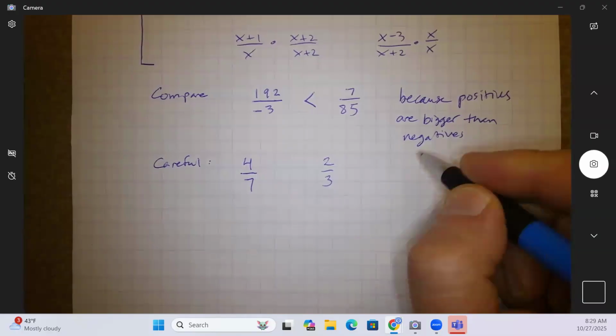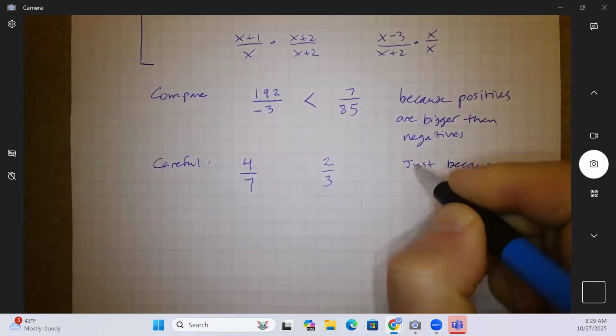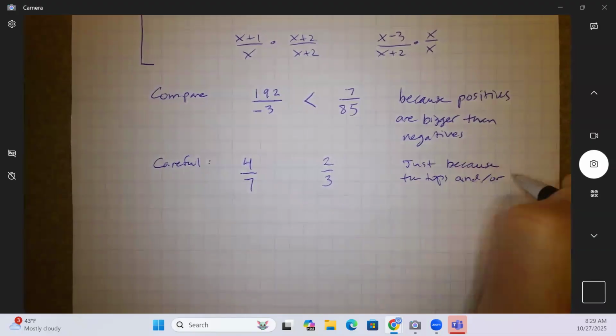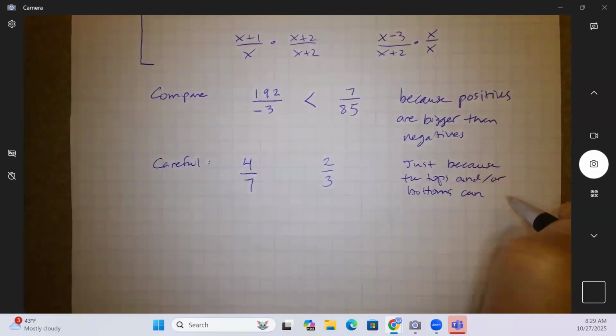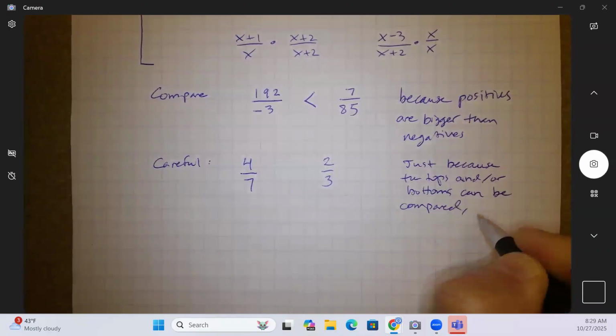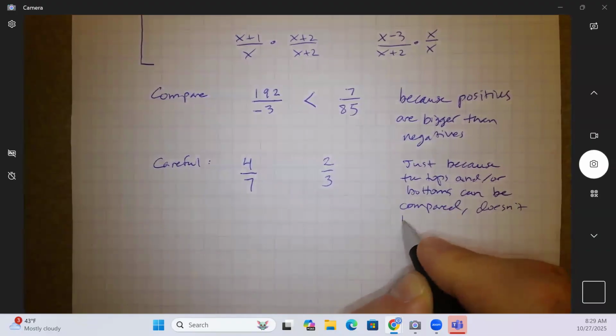Right? Just because the tops and or the bottoms can be compared doesn't mean one fraction is larger than the other.